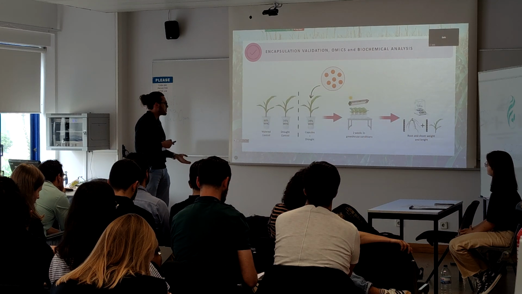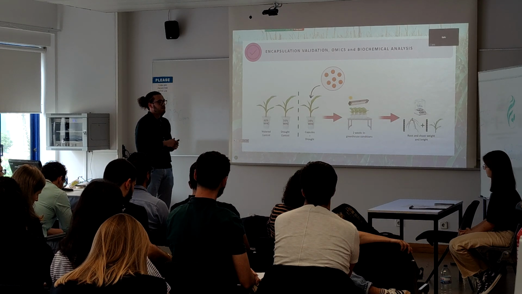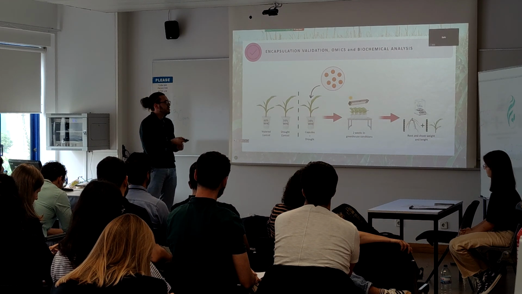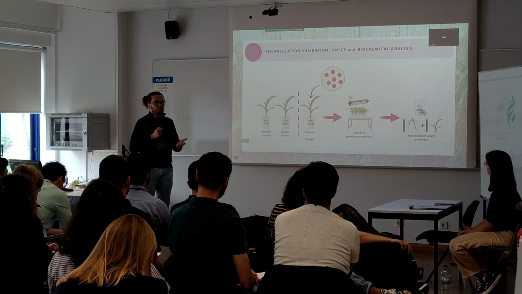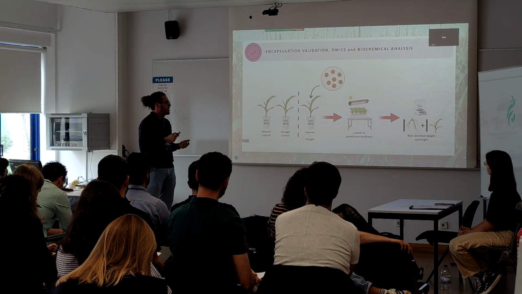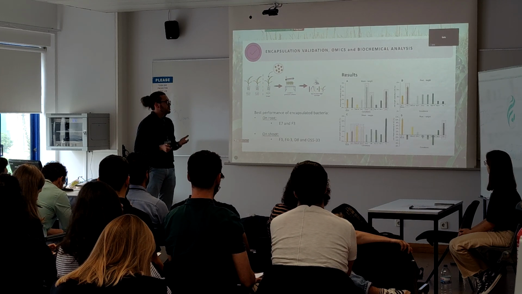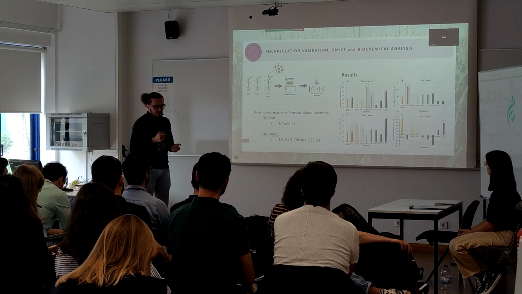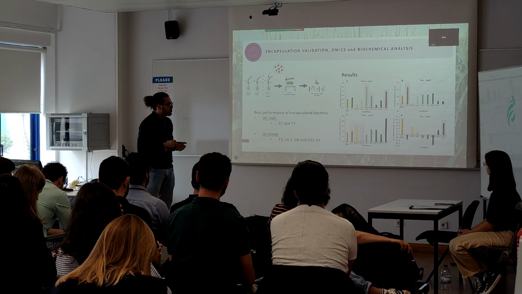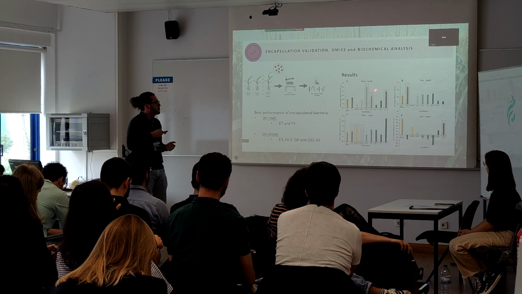Lastly, I encapsulated the bacteria and tested the effects of the bacteria inside the capsule. I took the same approach as before, but instead of direct inoculation, I applied the capsules beside the seed. I see differences between the strains, and some of them showed good results, like F43, D8 and F3.